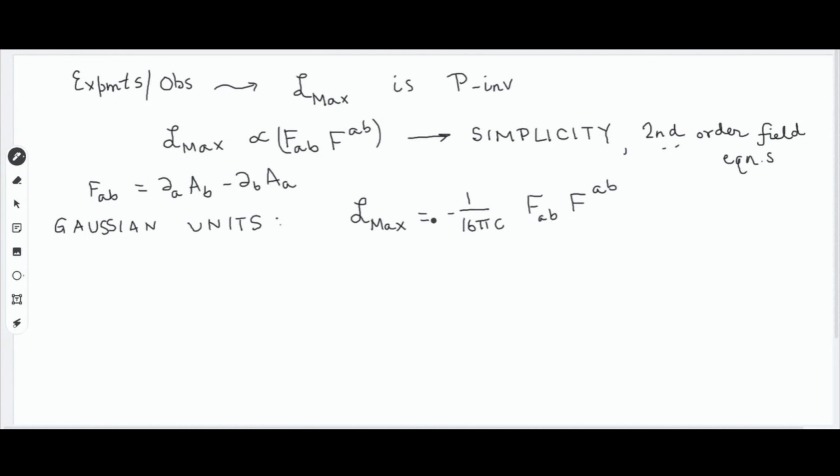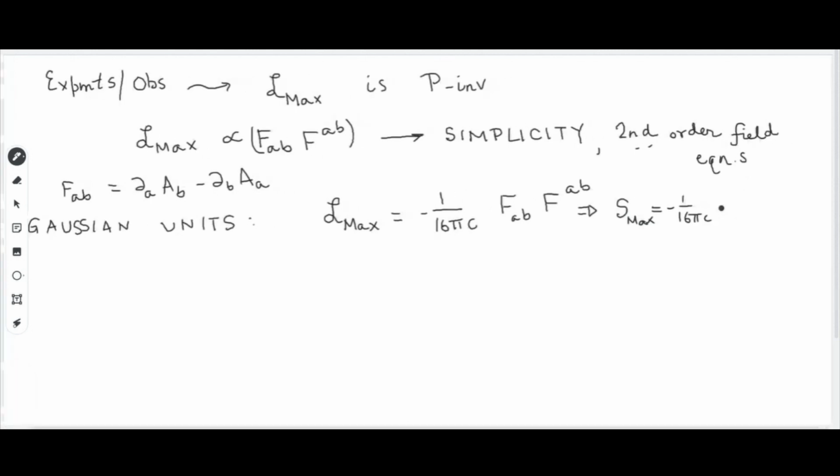Now, if this is the only term in the Lagrange density, then the action S_Maxwell is equal to minus 1 over 16 pi c integral d^4x F_AB F^AB.